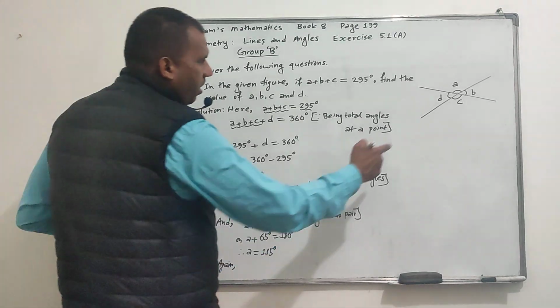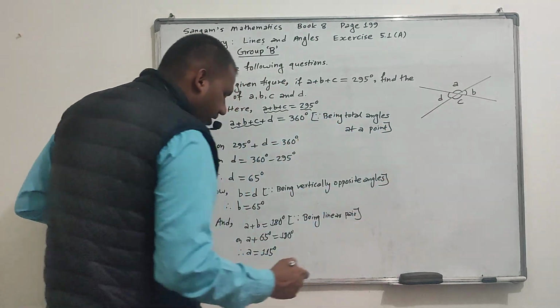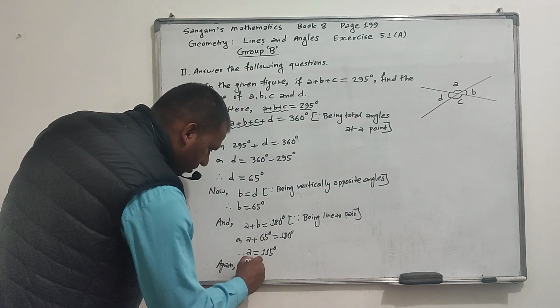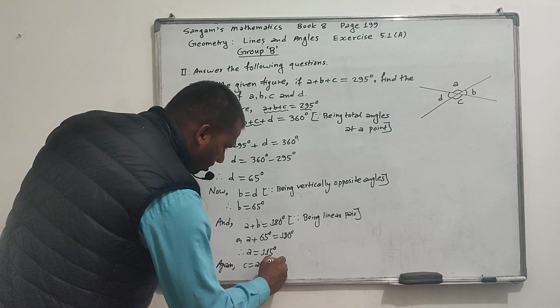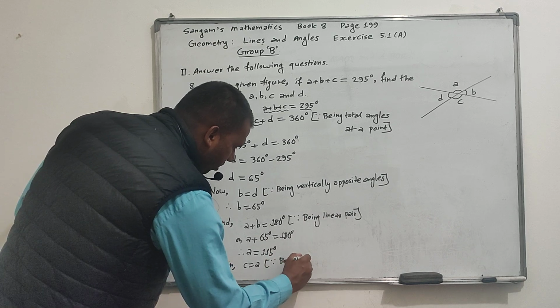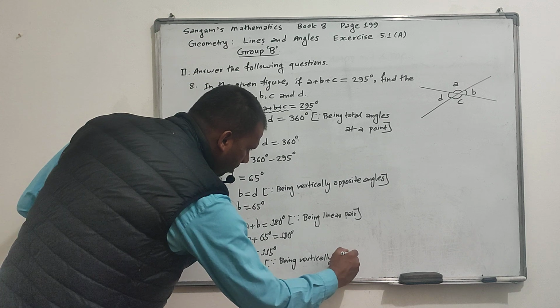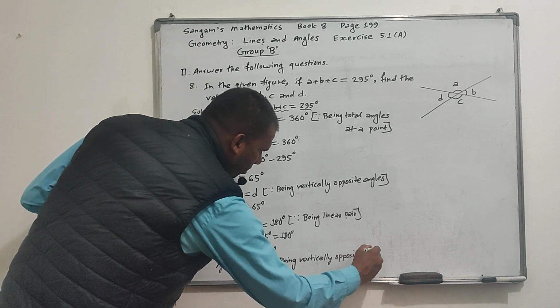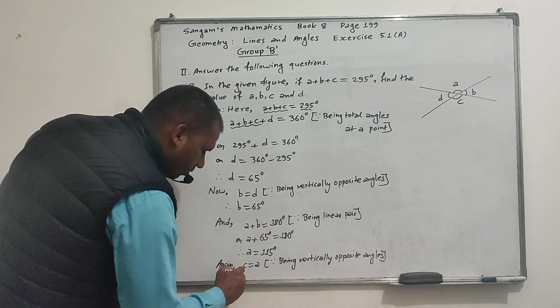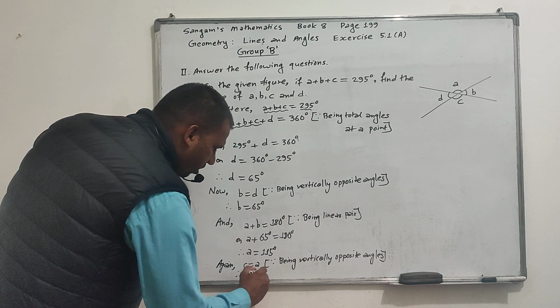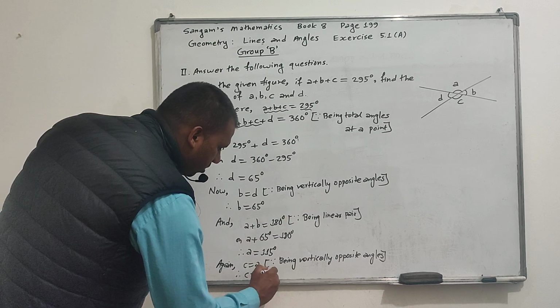Again c and a are vertically opposite angles, so we can write again c equal to a, because being vertically opposite angles, therefore c equal to 115 degrees.